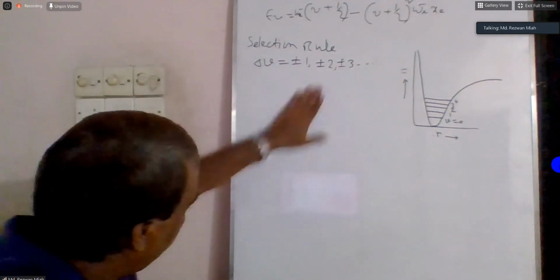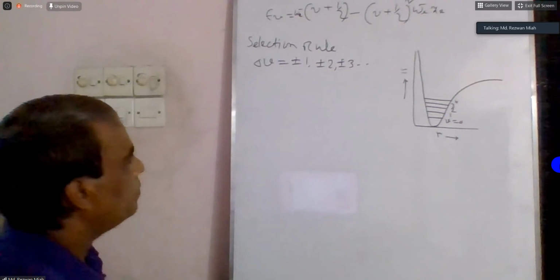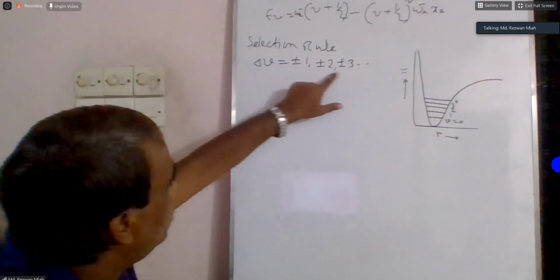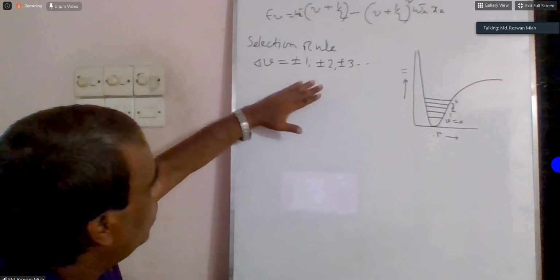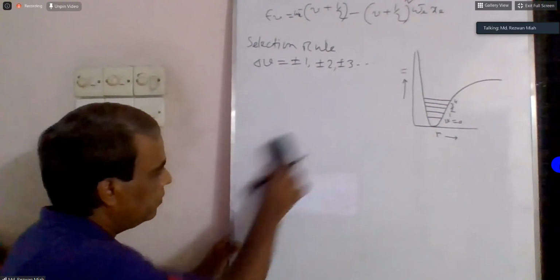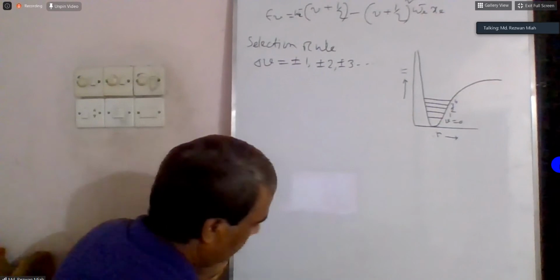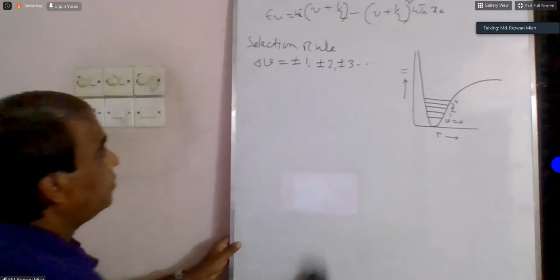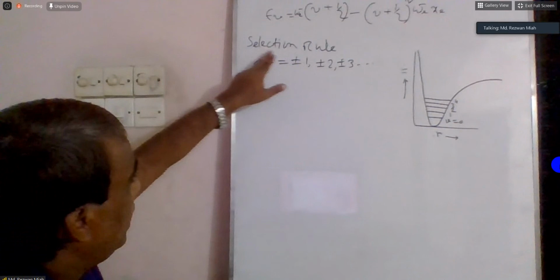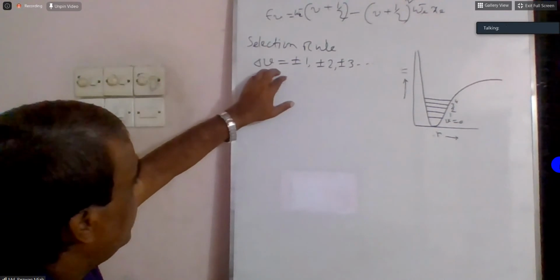So we have to consider these three transitions. According to the values plus minus 1, plus minus 2, plus minus 3, we can name each transition or absorption band. So in case of an anharmonic molecule, the selection rule is this.